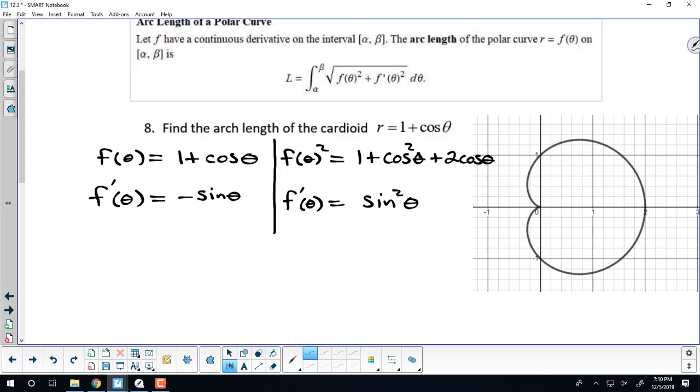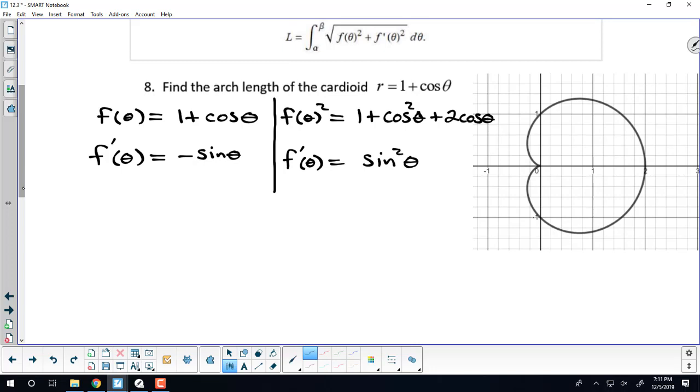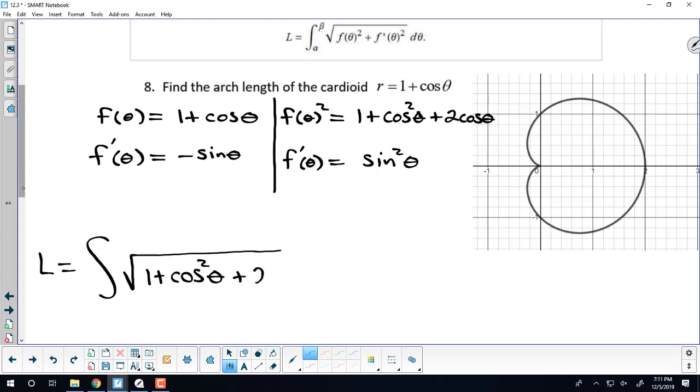So we've got to add those two together on the right, and then we have to take the square root of that. But we also need to know the bounds, alpha and beta. So what would our bounds be? 0 to pi?